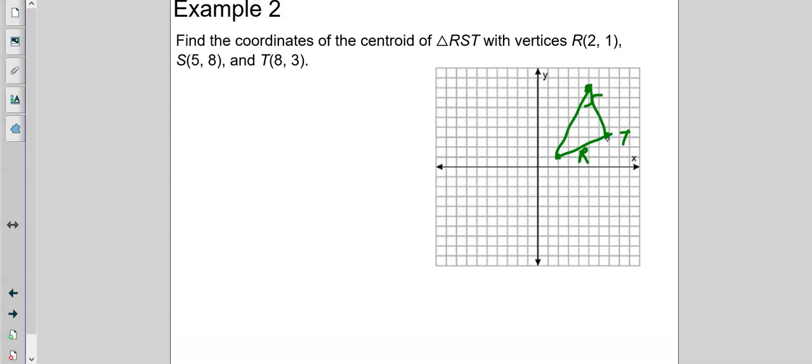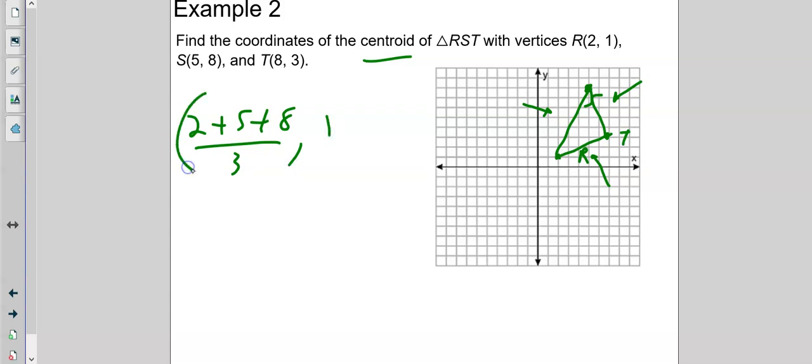Okay. Now on a graph, you wouldn't measure, but you would technically find the midpoint here. If we were graphing it, we'd find the midpoint there. We would find the midpoint there and find the midpoint there. And that would be x plus x divided by 2, y plus y divided by 2. And we would do that 3 times. But here we're just trying to find the centroid. So that means we're going to take x plus x plus x and divide by 3. And we're going to take y plus y plus y and divide by 3.